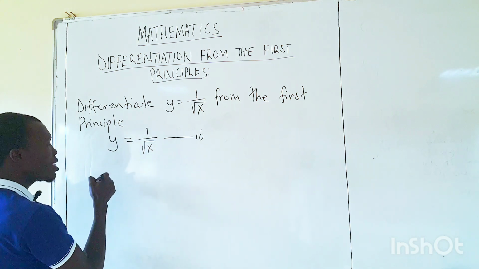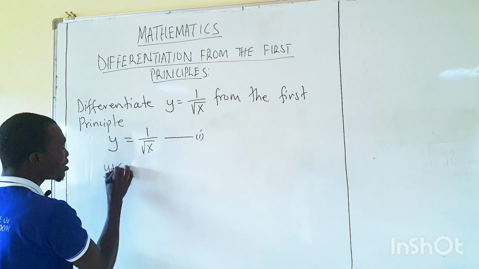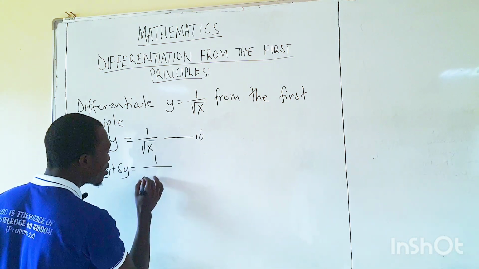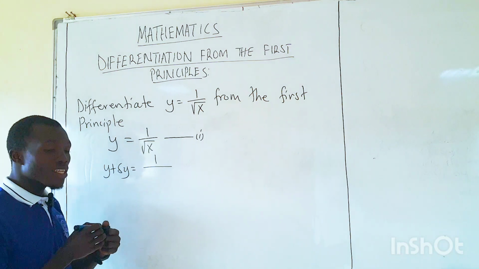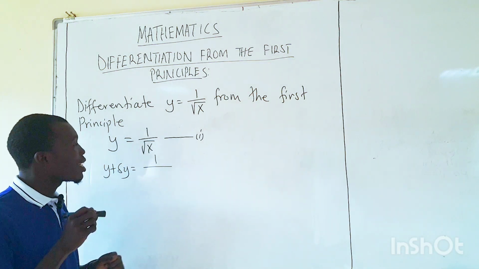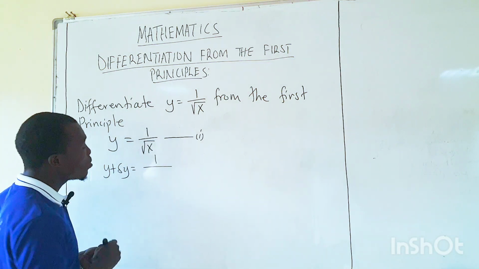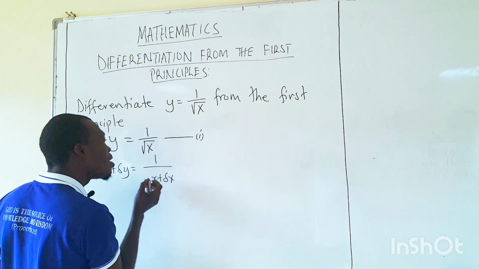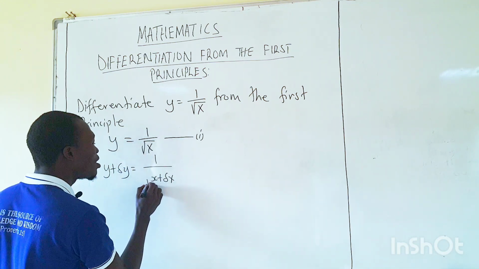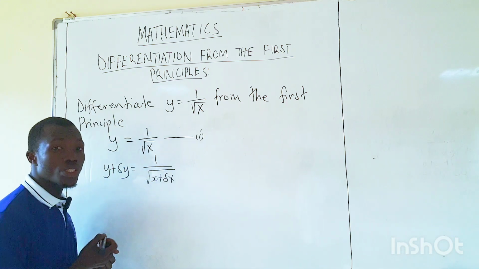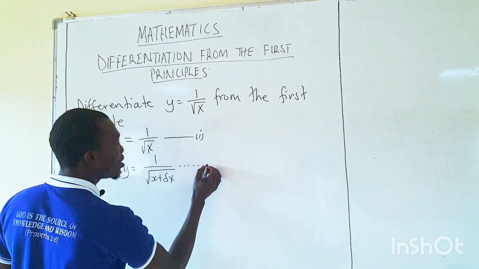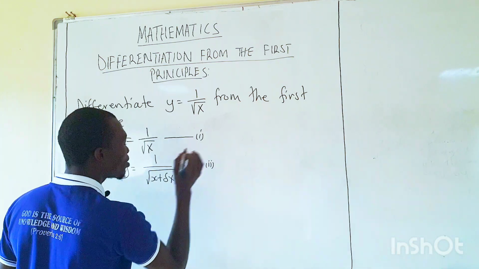So our next step will be y plus delta y is equals to 1 over, the delta x is only added to x, so we shall have root of 2 times x plus delta x, but the whole of it under root. So this becomes our equation 2.